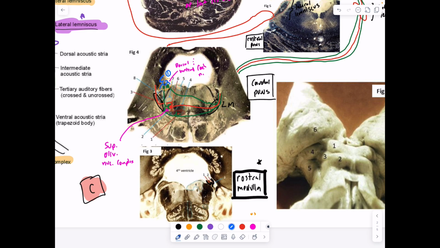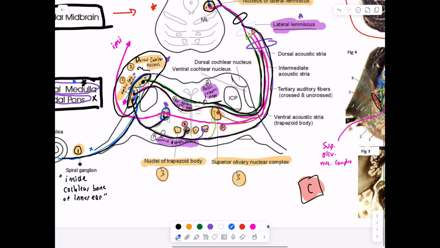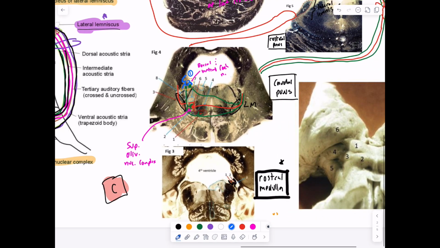So this is the cochlear nerve, and that's going to synapse in this region right here, which is basically I tried to represent this diagram right here, but this part is really like this part right here. So it's kind of hard to show, but basically we have cochlear nerve right here, and then it's really synapsing and sending from the cochlear nerve complex, it's sending branches.